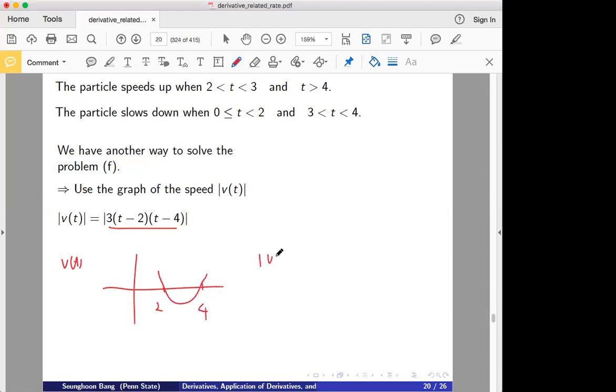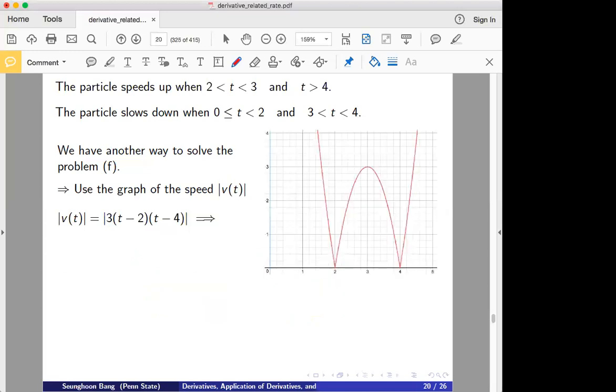What is the absolute value of v of t? It is the same at 2 and 4. The positive part stays positive. What about the negative part? You have to reflect it about the x-axis. The graph is like this. So we have it. This is the absolute value of v of t.